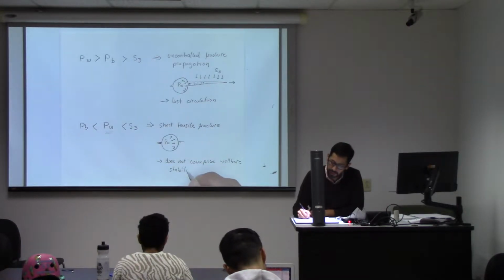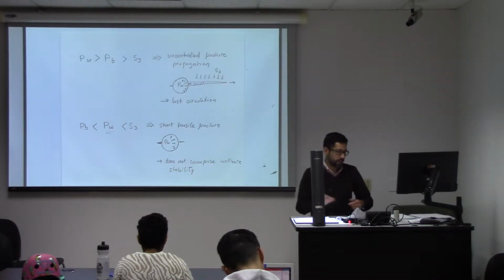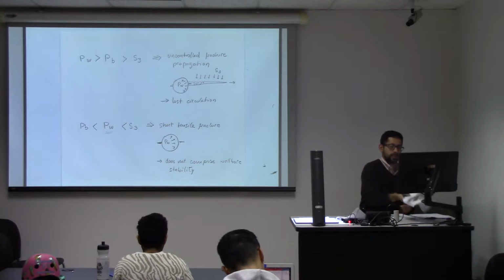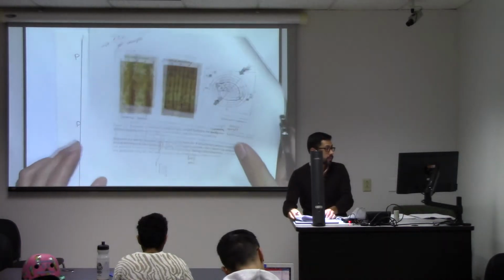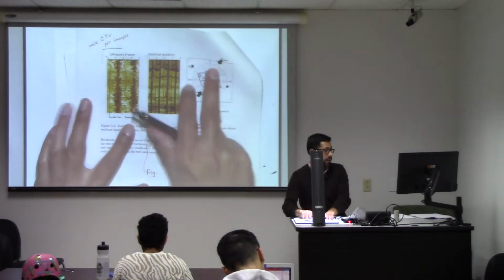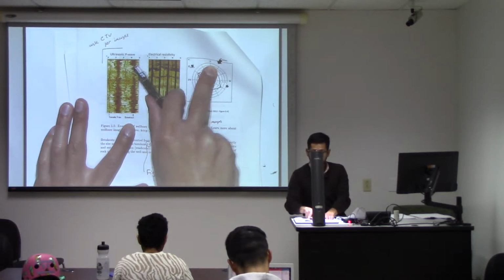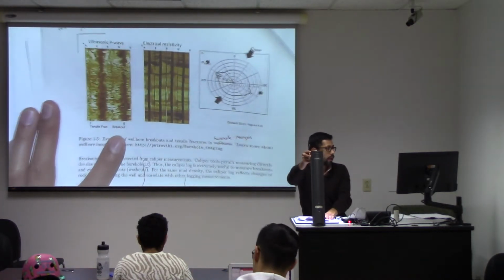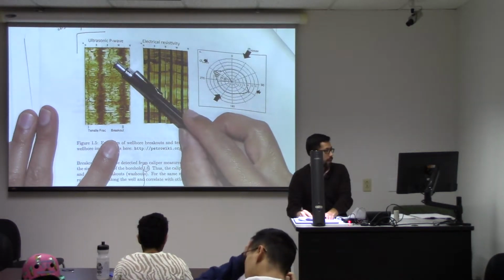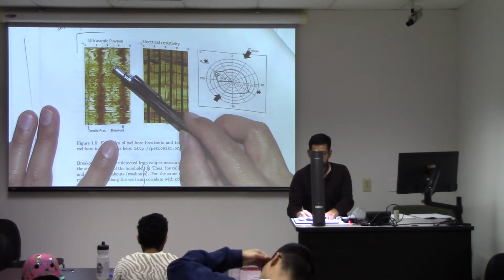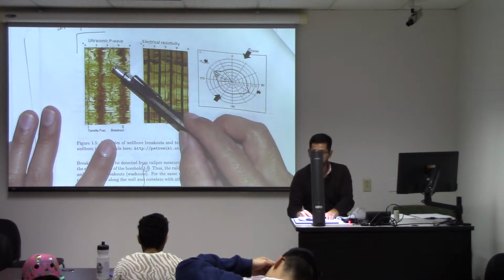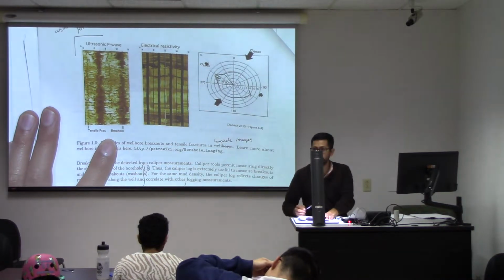And actually, these types of fractures are the ones that we saw in these images. Those are tensile fractures. They were caused by the action of drilling, but they are short and they do not propagate far, and it is fine. It is fine to have those.